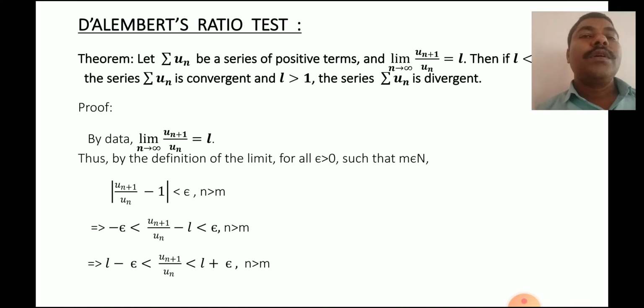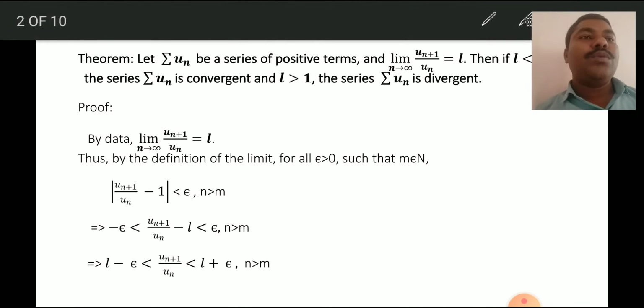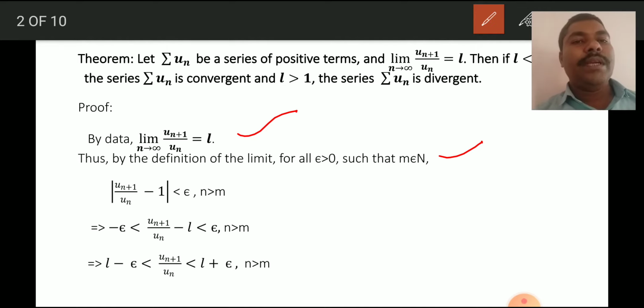Proof: in the statement, the given limit of un plus 1 by un as n tends to infinity is equal to L. Then, by the definition of limit, we have modulus of un plus 1 by un minus L less than epsilon for all n greater than m.